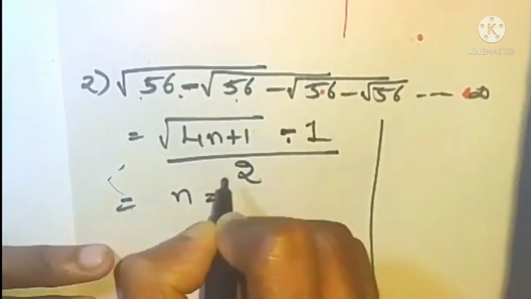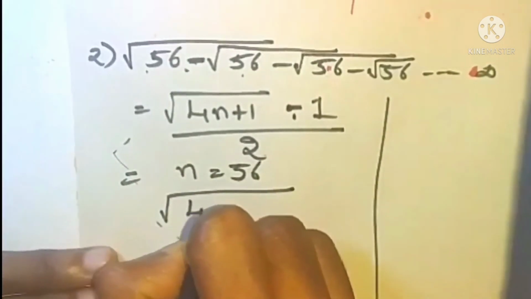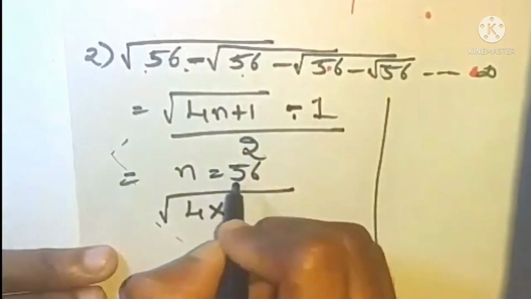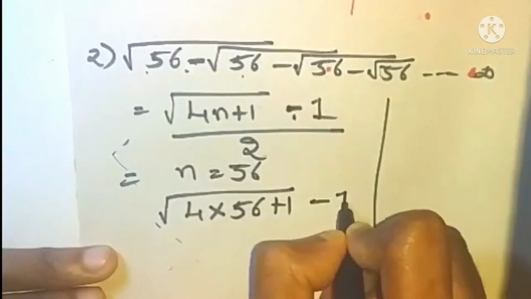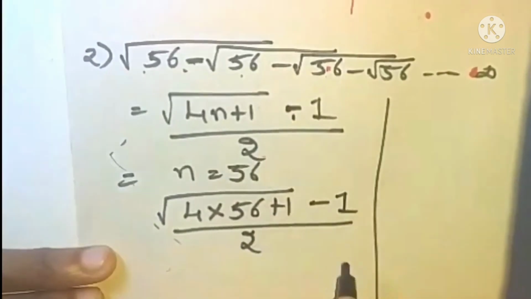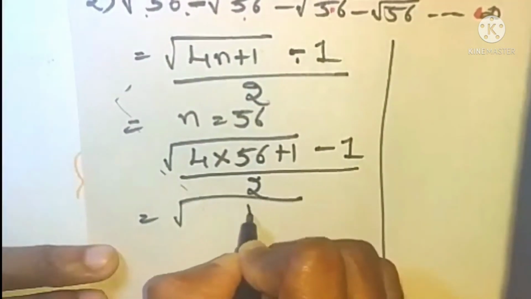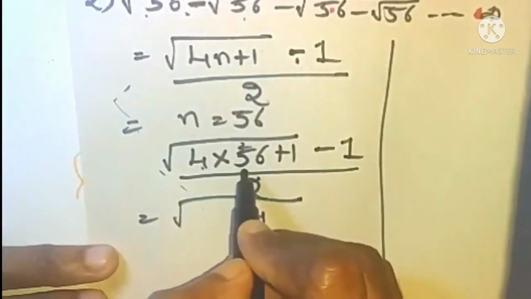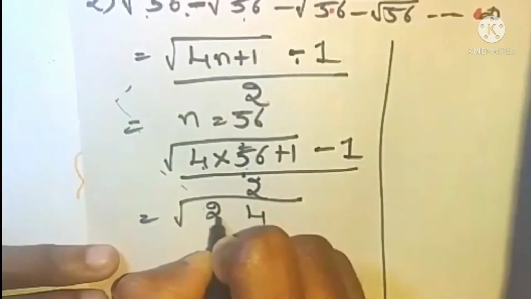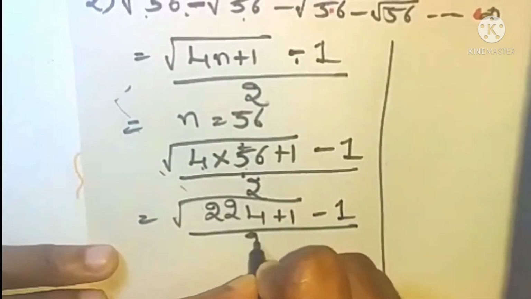Now n is equal to 56. Slowly I am saying, listen very carefully. Substitute this 56 here: 4 into 56 plus 1, minus 1, divided by 2. Now 6 4s are 24. Take 4 here and 2 carry here. 5 4s are 20, 22. So 224 plus 1, minus 1, divided by 2.